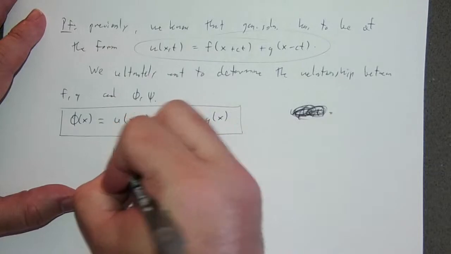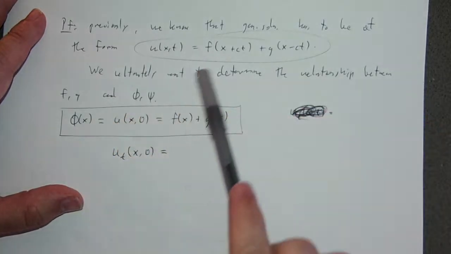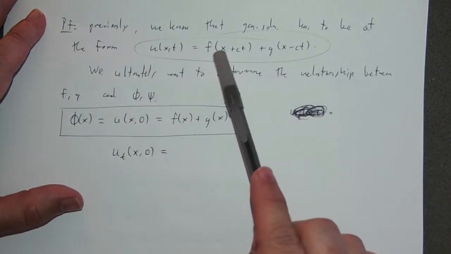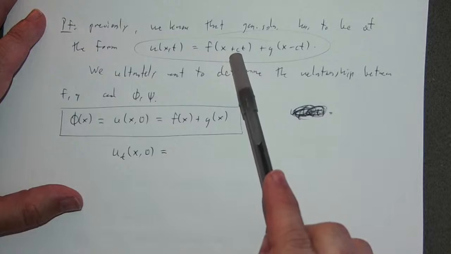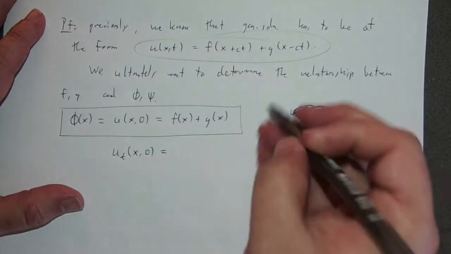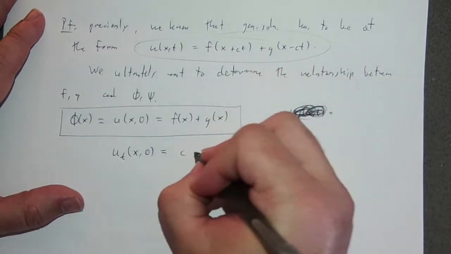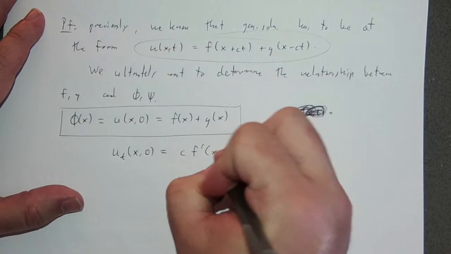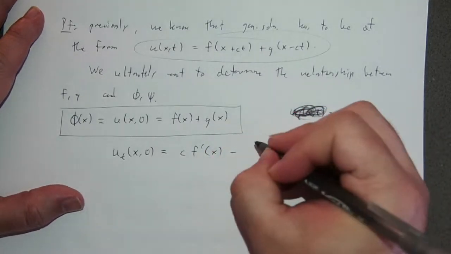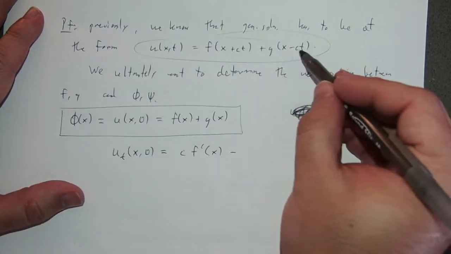So the t partial of u evaluated at 0 is what? The derivative of f with respect to t is going to be c times, using the chain rule, f prime. Plugging in 0, this is going to be c f prime of x, minus, in the same way, the derivative with respect to t of x minus ct is minus c.